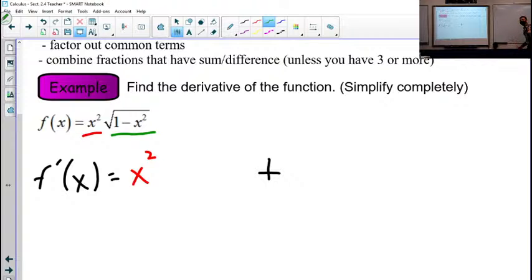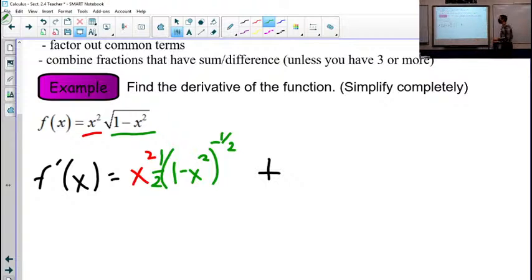Well, derivative of a square root, so that's to the 1/2, is going to be 1 minus x squared to the negative 1/2. So that's my derivative of square root. Sorry, it should be 1/2 out in front.